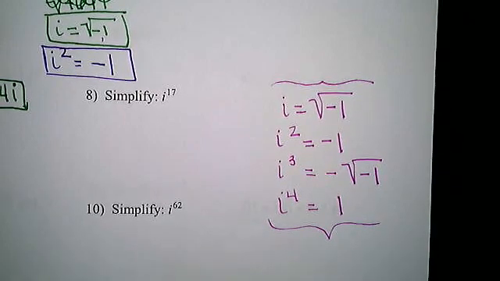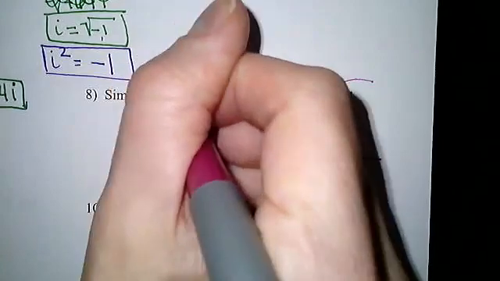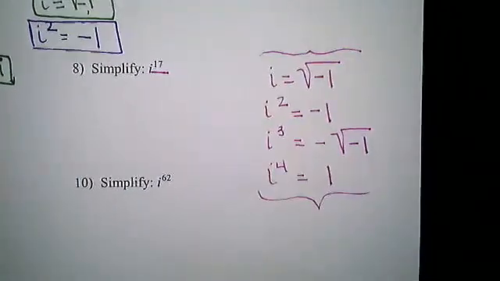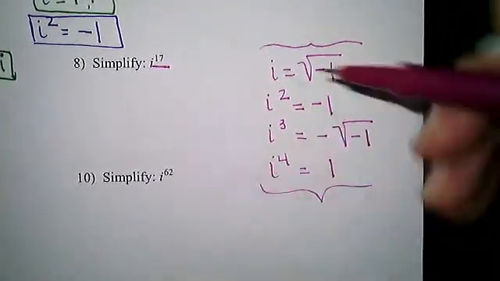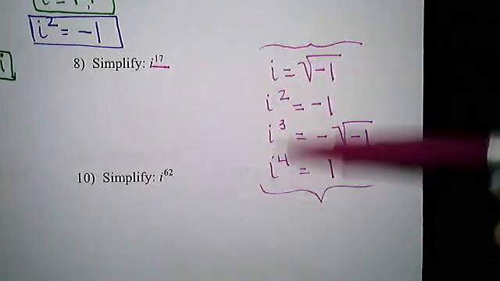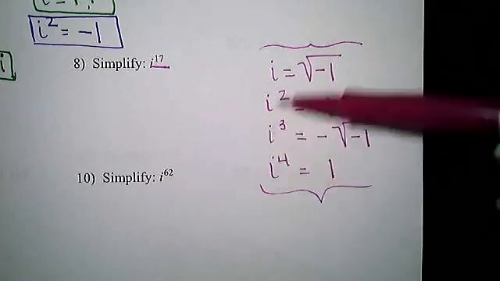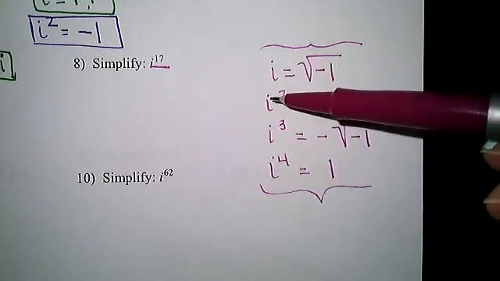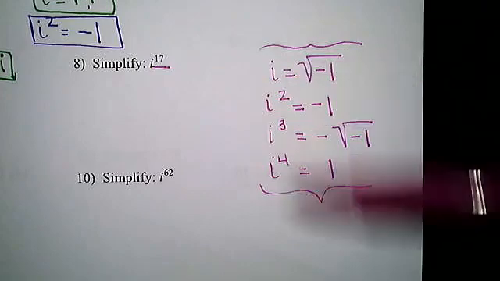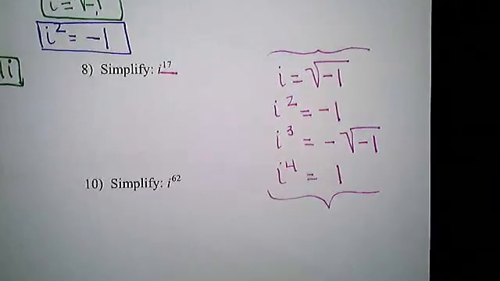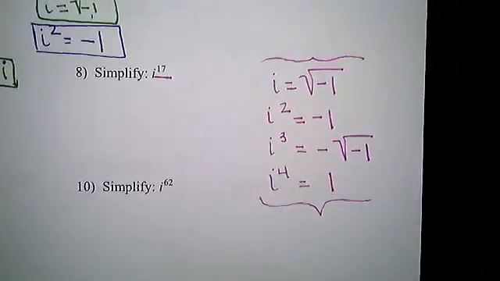So pretty much the way you do this is you look at whatever the exponent is, and you could count through, and so it starts to repeat. So this is i^1, i^2, i^3, i^4. Then it goes, this is i^5, i^6, i^7, i^8. Counting is a lot of work, right?